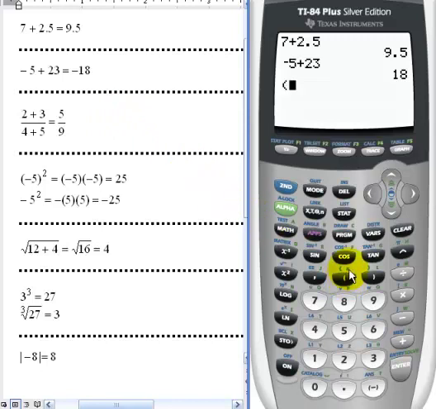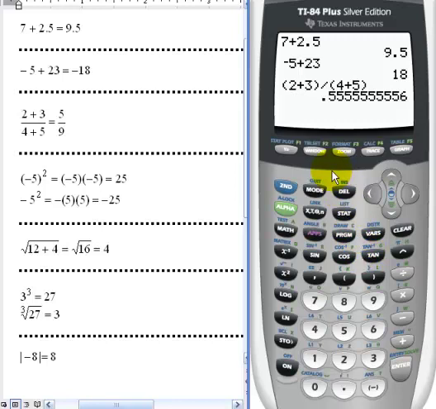So I want to use parentheses to stress to the calculator 2 plus 3 is in the numerator, and then I'm going to divide that numerator by, in parentheses, 4 plus 5. I always say, when in doubt, always use parentheses.